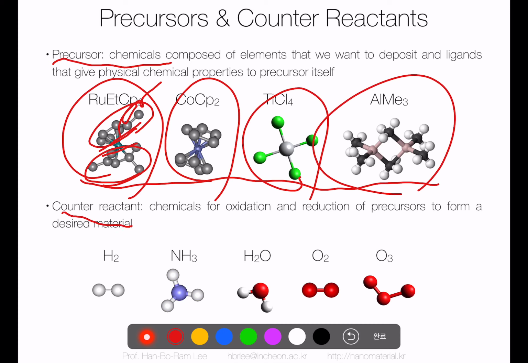The counter-reactant is the chemical for the oxidation or reduction of the precursor to form the desired material. Your surface is exposed to the precursor first, and then the precursor adsorbs on the surface, and next your surface is exposed to the counter-reactant. For example, hydrogen reduces this lithium precursor, removes the ligand, and leaves the metal only.